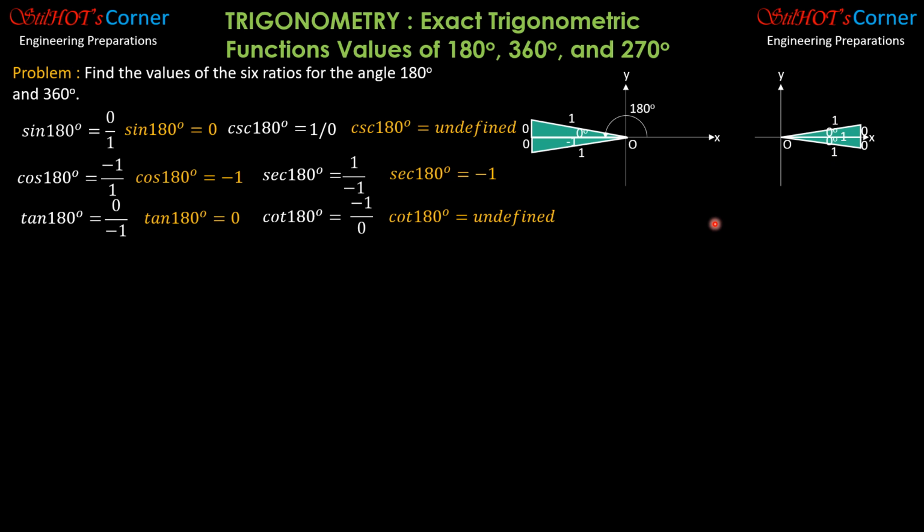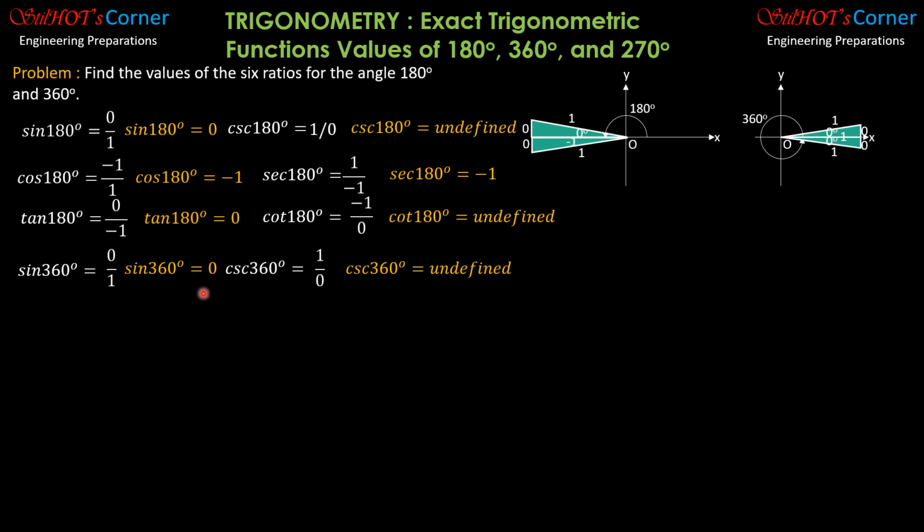The hypotenuse is 1 also. So this is 360 degrees, but imagine that the reference angle is 0 degrees. So sine of 360 degrees is 0 over 1, and therefore it is equal to 0. The reciprocal, cosecant 360 degrees, is 1 over 0, and therefore it is undefined.